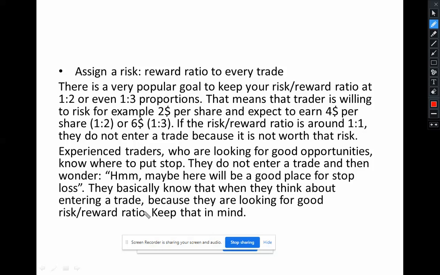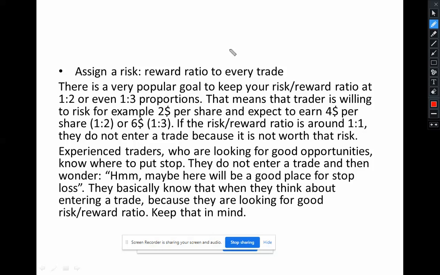As an experienced trader, we know where to place our stop loss. Once you place your stop loss, you can just look for a good risk reward ratio, 1:2, 1:3. It all depends on the amount of money you have in your account.